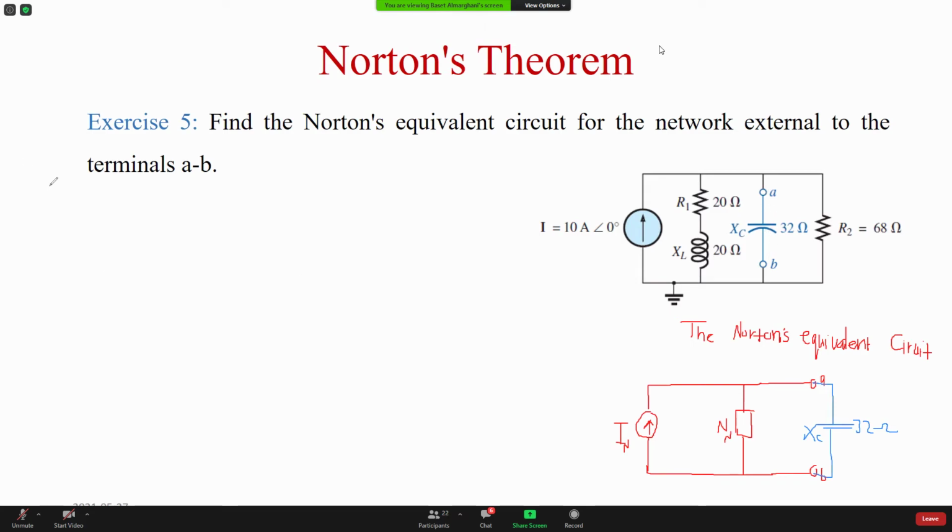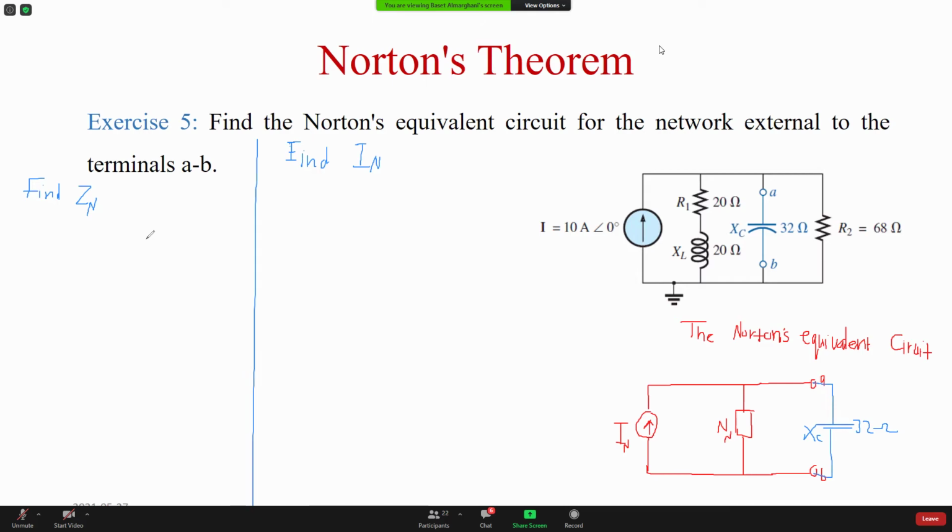So I'm going to find two things: Zn, not Rn, now it's Zn, and let's just say find In. I'm going to draw the circuit for each one of them.